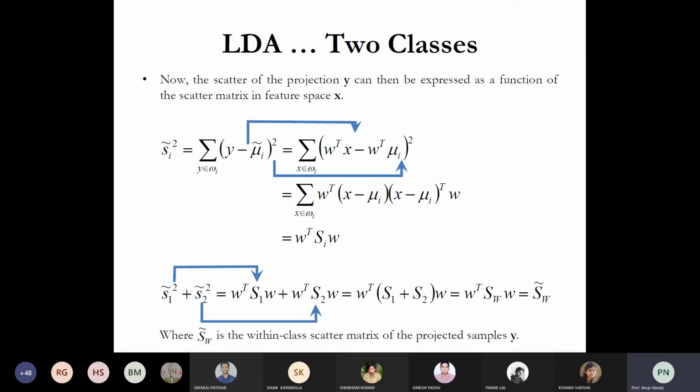So now you have W transpose SW W, which is SW tilde, the within class scatter matrix of the projected sample Y.